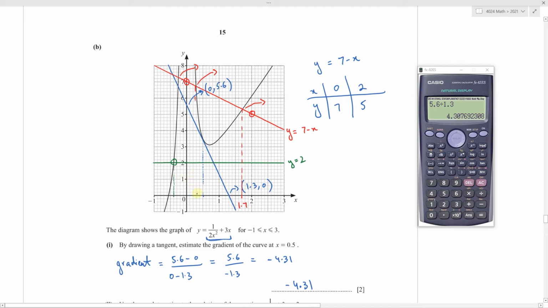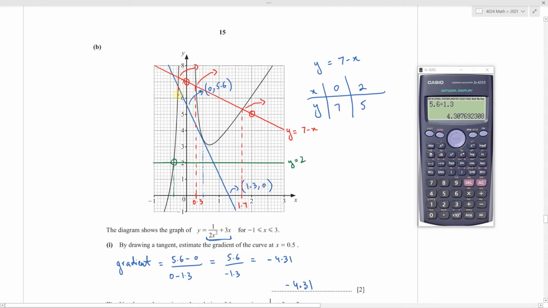If I draw a straight line here, this is 0.3, and this is minus, so it's right in the middle of this small block.